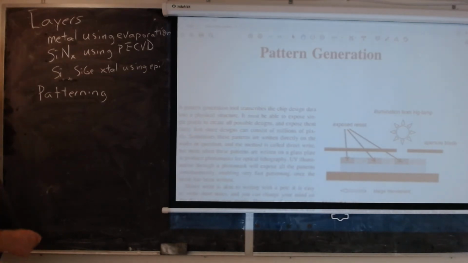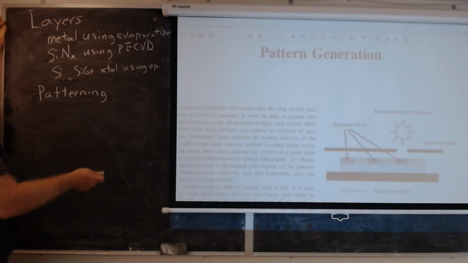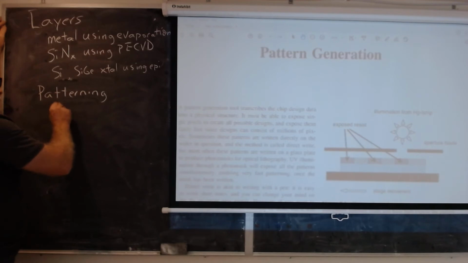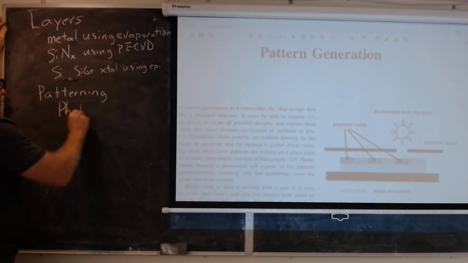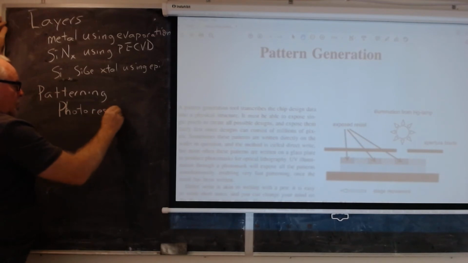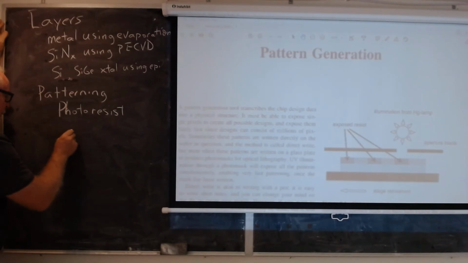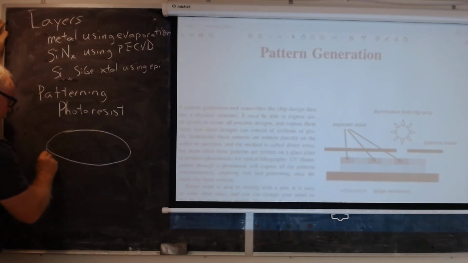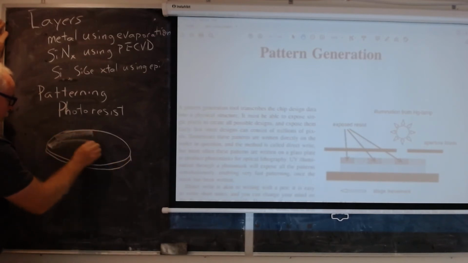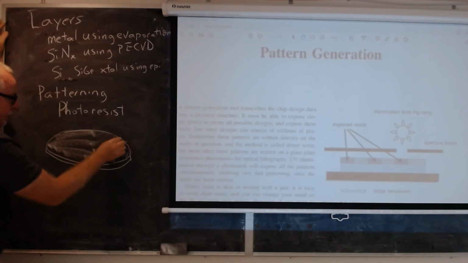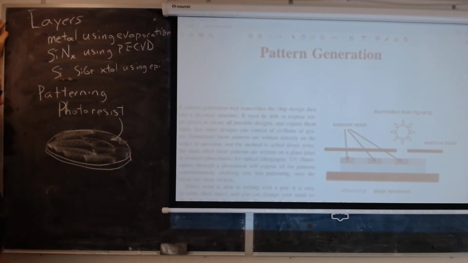All right, so patterning basically means, and I'm going to call it photoresist, which basically means that if I have a wafer, I can put down a layer of photoresist, and then I can expose selectively.